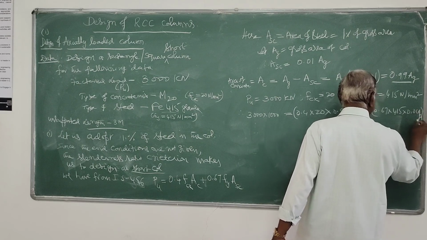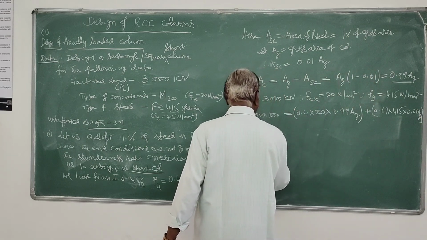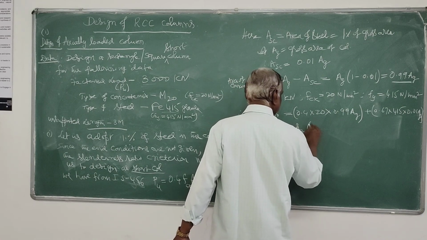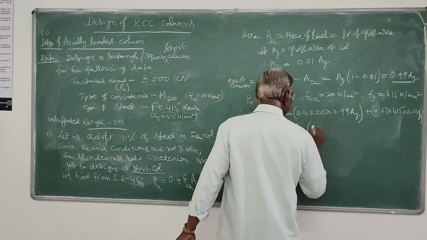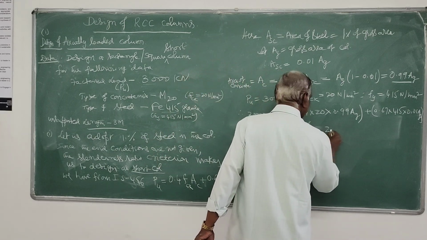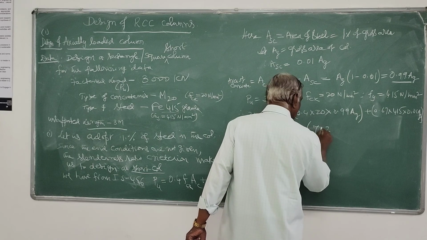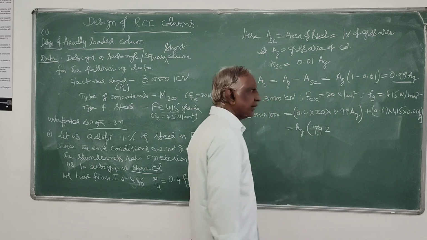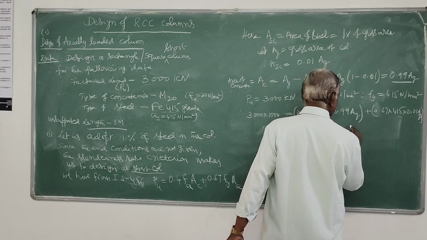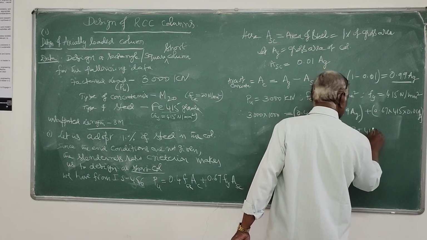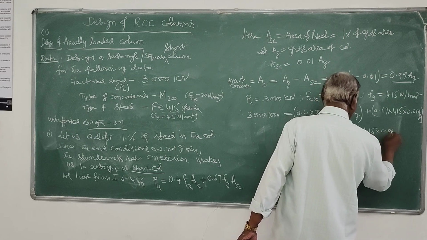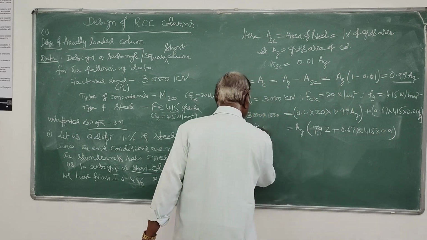You can just calculate Ag. This is equal to Ag into 8 into 0.99, that is 7.92, and this you can simplify, plus 0.84.